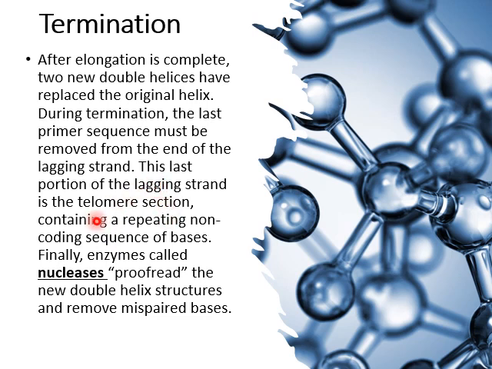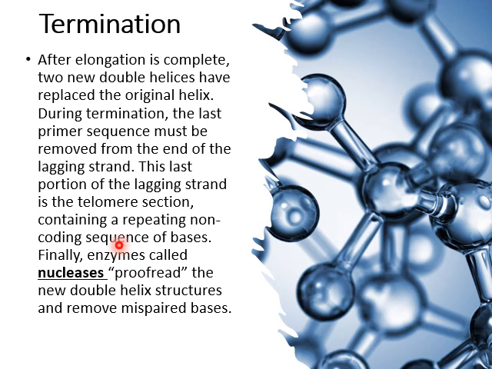The last portion of the lagging strand is the telomere section. It contains a repeating non-coding sequence of bases, and every sequence, especially the primer sequence, is accounted for. The primer sequence is removed, the non-coding is not relevant, and the nuclease begins to do what is called error checking.